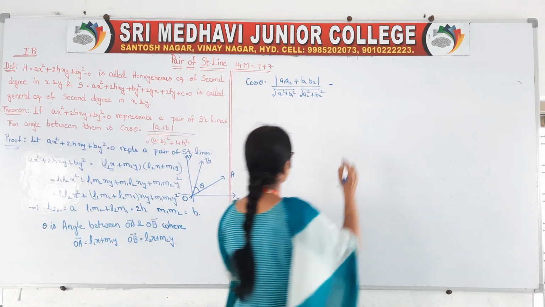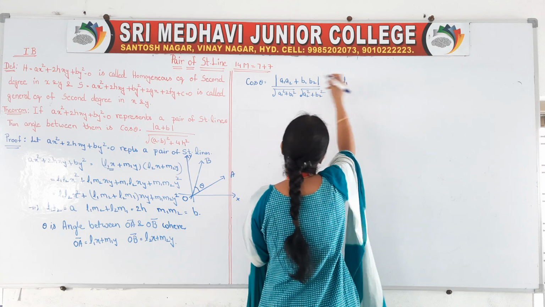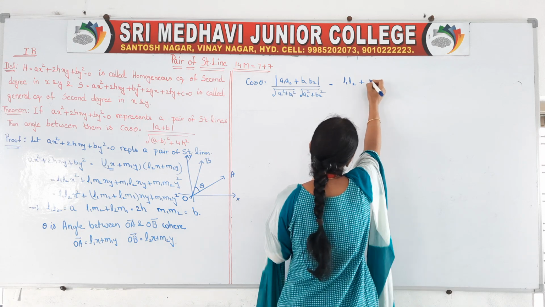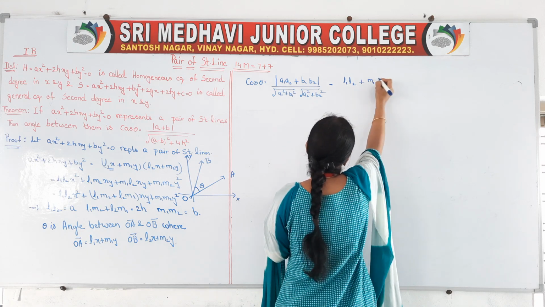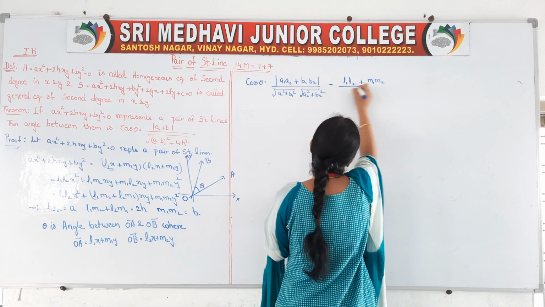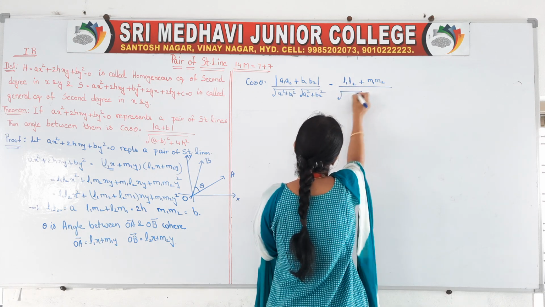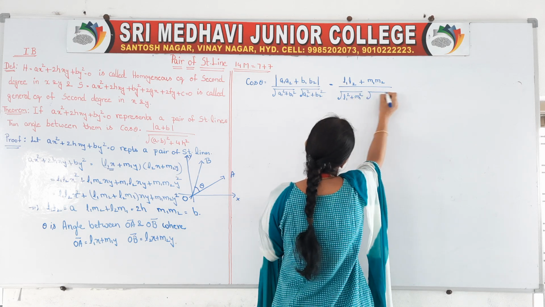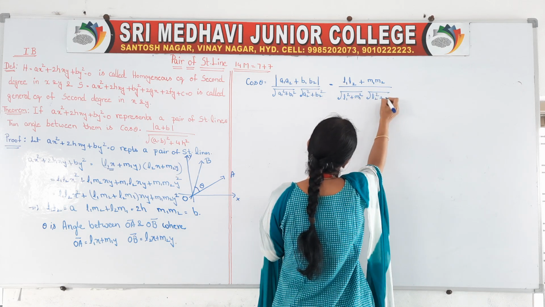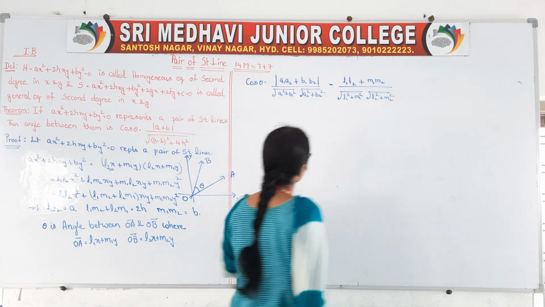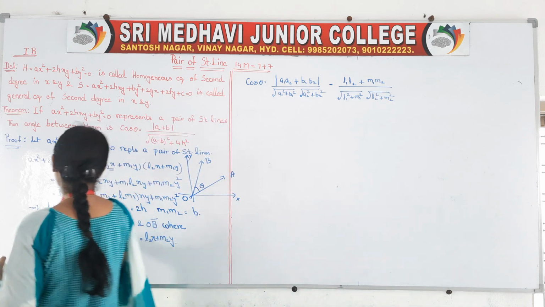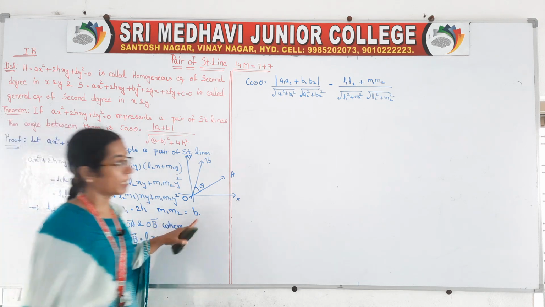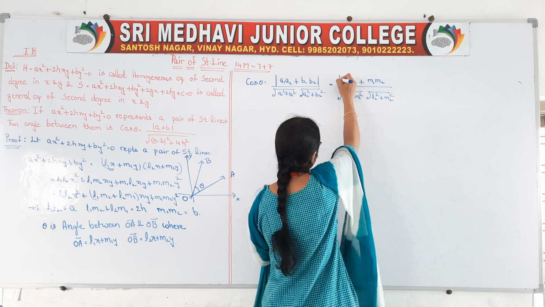So A1 is L1, A2 is L2, B1 is M1 and B2 is M2, by root of L1 square plus M1 square into root of L2 square plus M2 square. Now what is L1 L2? This is A. And what is M1 M2? This is B. Modulus is there, right?